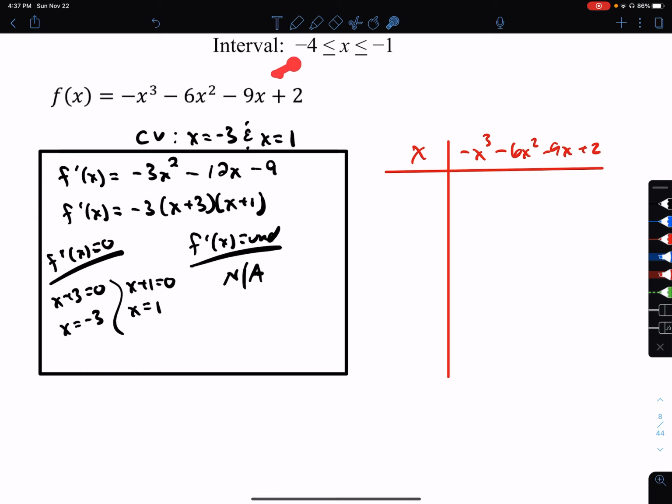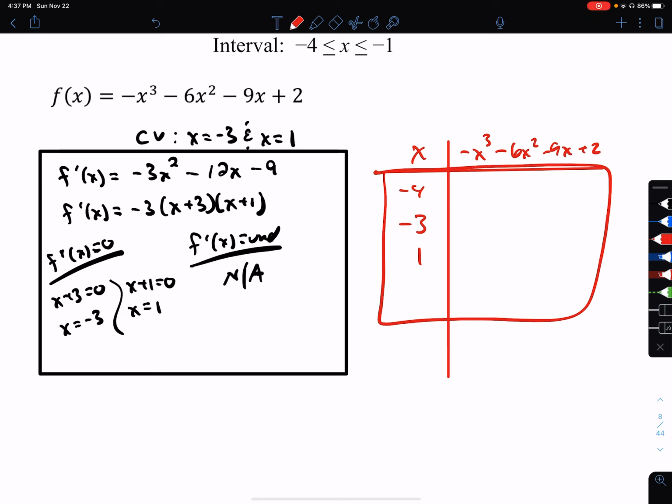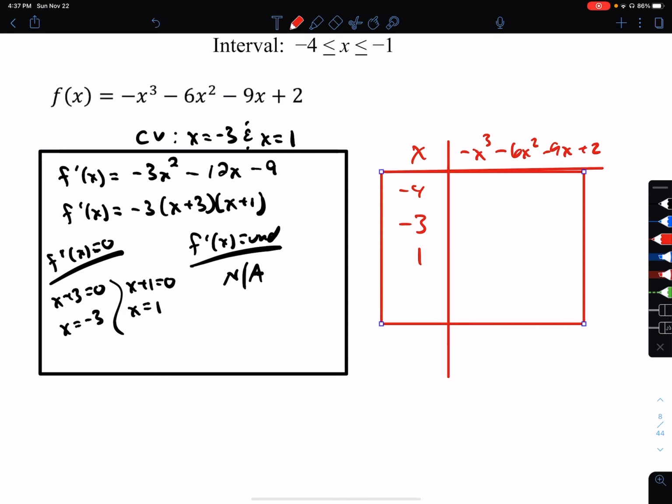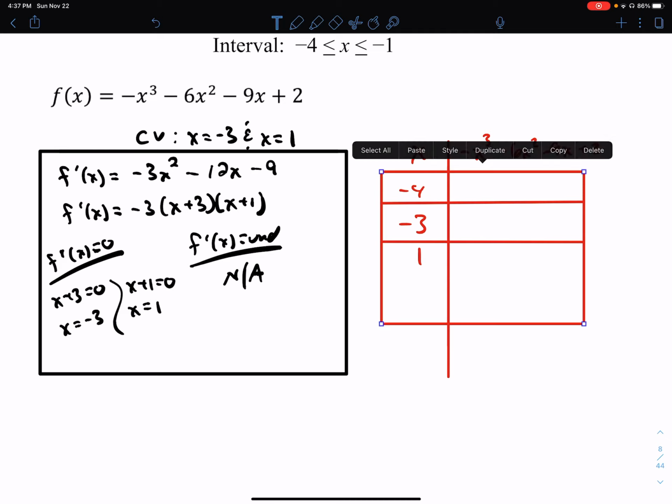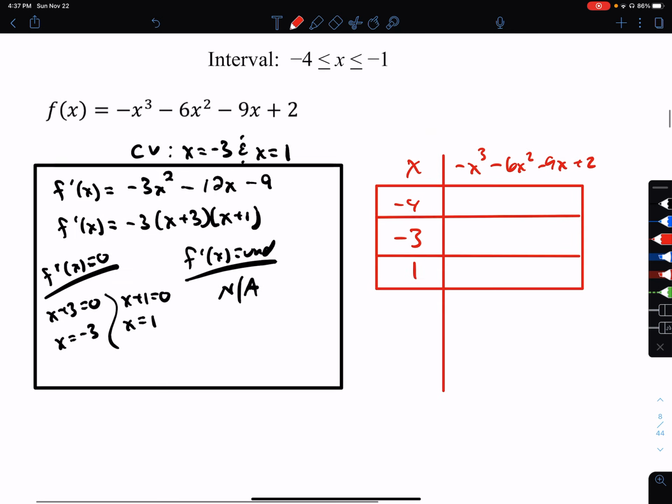So my endpoint at negative 4, and then I have a critical point at negative 3, then I have a critical point at 1, which is also an endpoint. I just need to figure out what the y value is for each of these. Whichever y value is the biggest is going to be my absolute maximum. Whichever one's the smallest is going to be my absolute minimum.